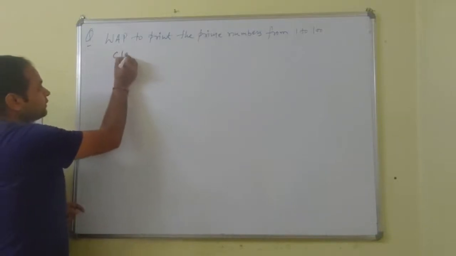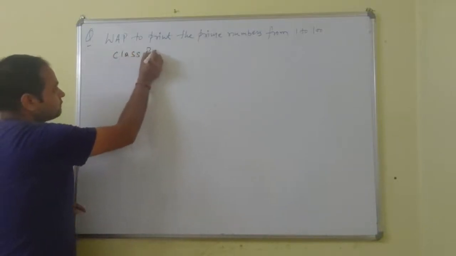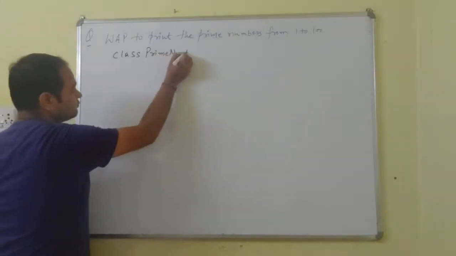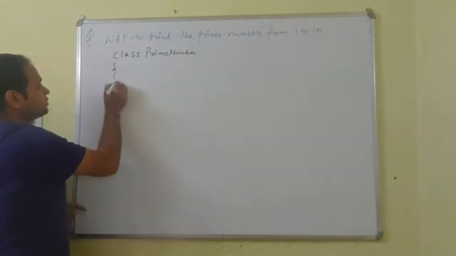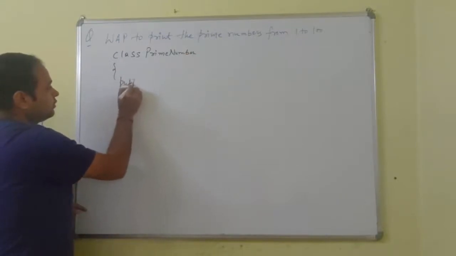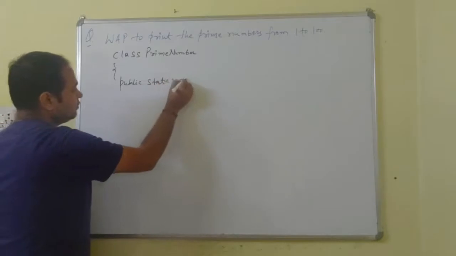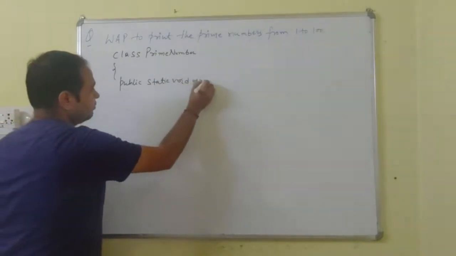Write class PrimeNumber, public static void main.